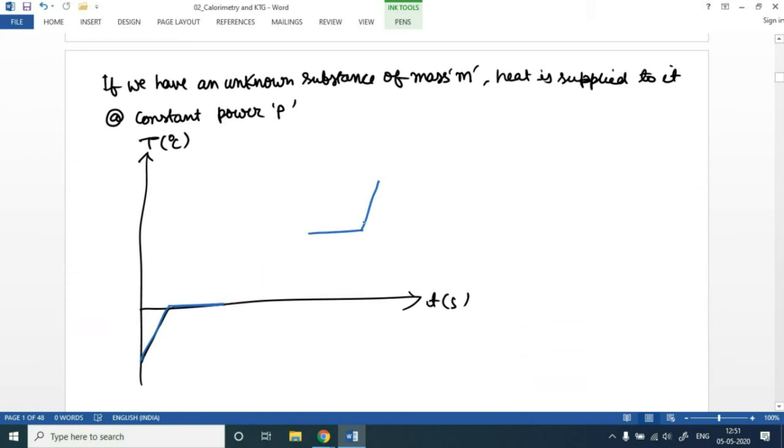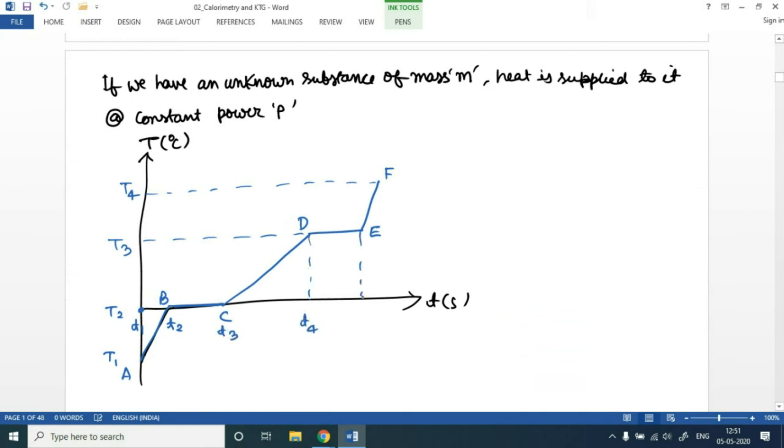So let's divide it into several zones, say A, B, C, D, E, F, etc. Let's define the temperatures also: that is T1, that is T2, that is T3, and that is some T4. And let's put the time scale also: this time is T1, this time is T2, this time is T3, and this time is T4, T5, and T6, etc.